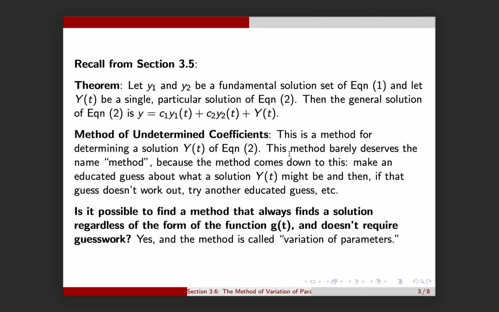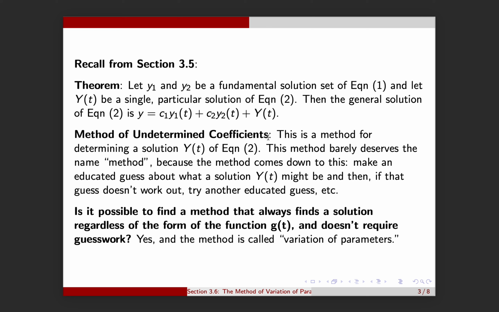Last time we talked about how the method of undetermined coefficients is a way of getting at this y of t, this single solution that solves equation 2. And as we talked about last time, the word method here is used loosely, because really the methodology, despite its fancy name, is just guessing.